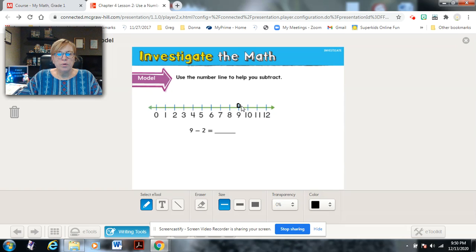Now, remember when I've talked about using a number line in the past that I said you should only count once you start moving off of the number. Okay, so right here we're on the number 9 and I have to count back 2. But I am not going to count until I actually move my little arrow.